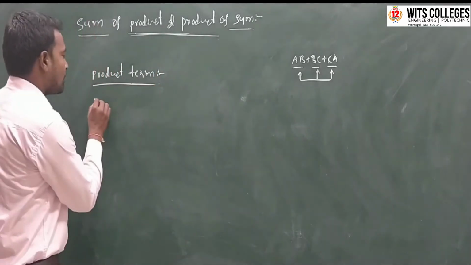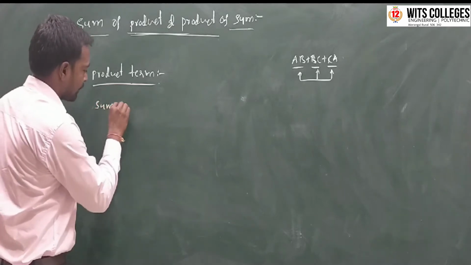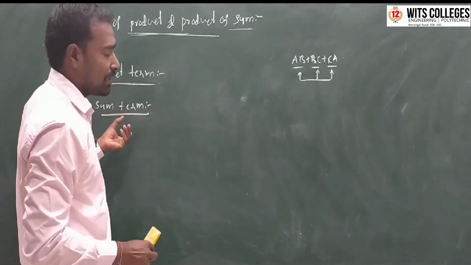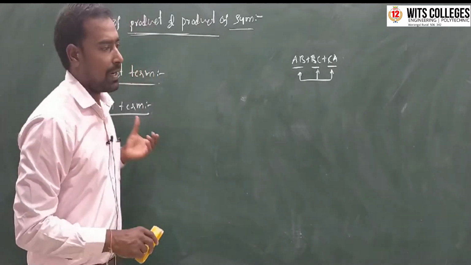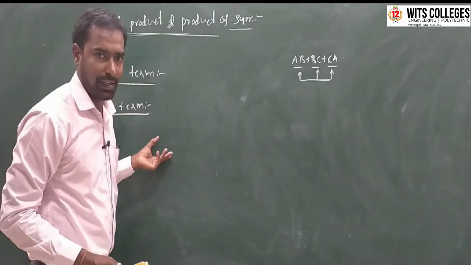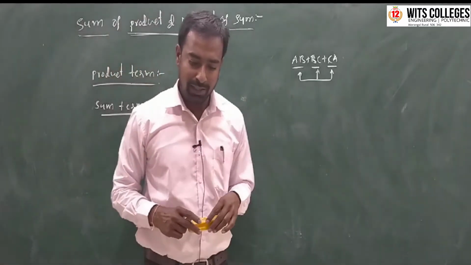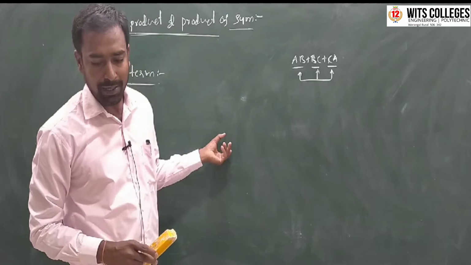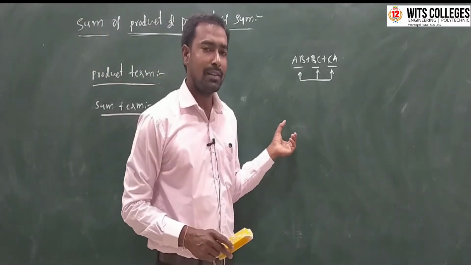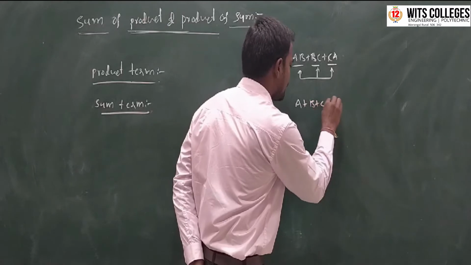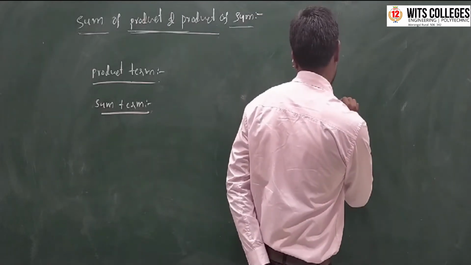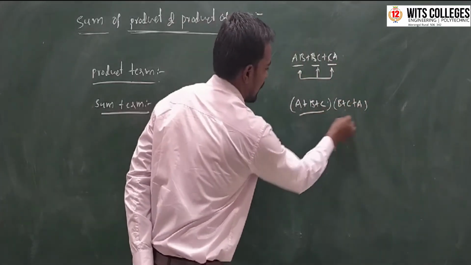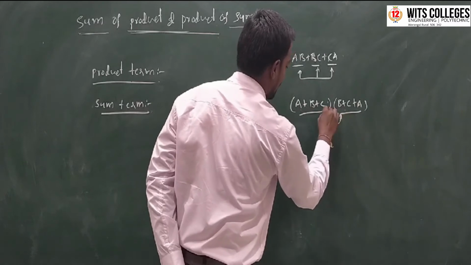And coming to the sum term, a term in a Boolean expression where one or more complemented or uncomplemented variables are ORed, like A plus B plus C and B plus C plus A. So these are all ORed, and these two are multiplied.